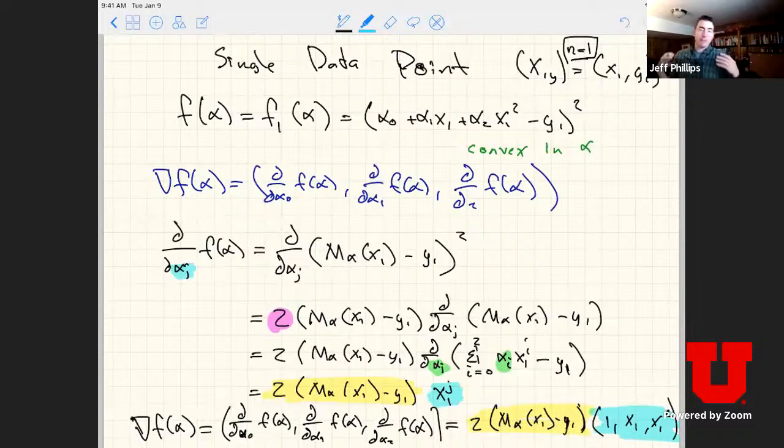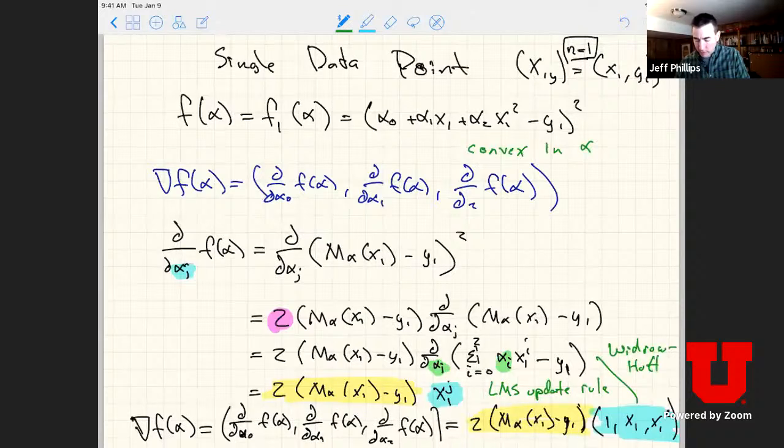The magnitude of that step is based on the size of the residual. This is called the LMS, for least mean squares, update rule, or sometimes the Widrow-Hoff learning rule.